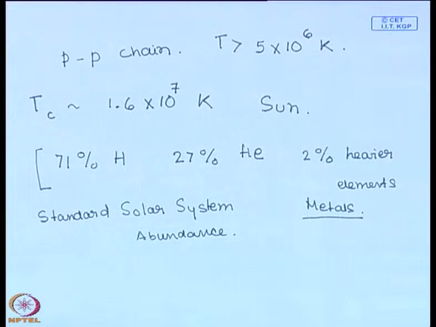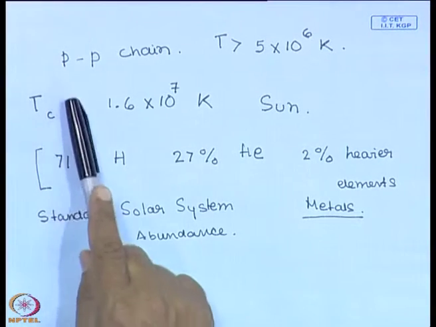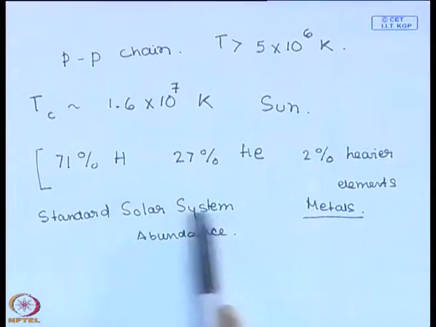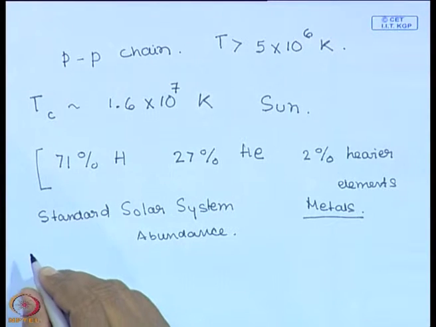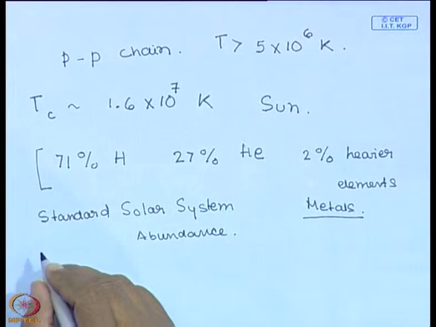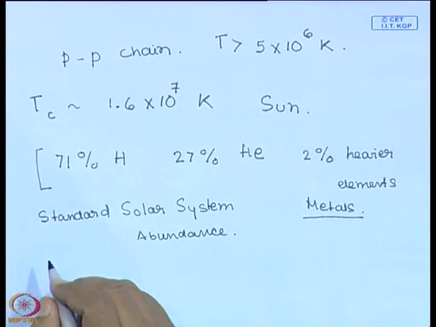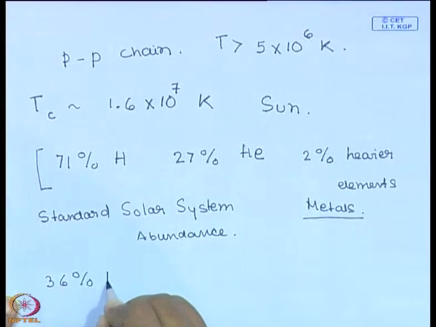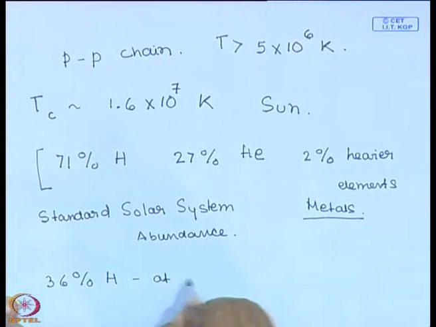But at present we believe the constant burning of hydrogen, the constant conversion of hydrogen into helium through the PP chain, has modified this. So, the present abundance is quite different, and at present it is around 36% hydrogen.